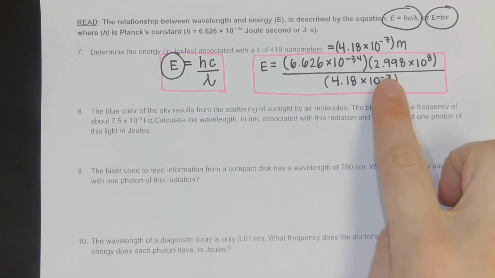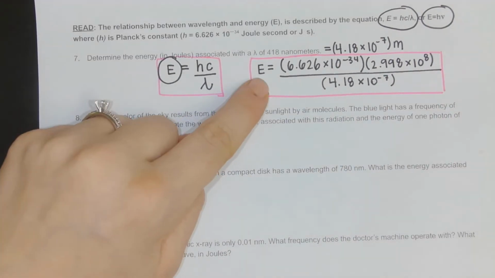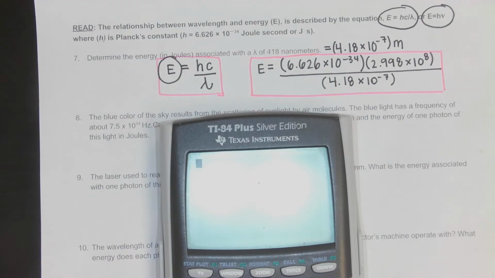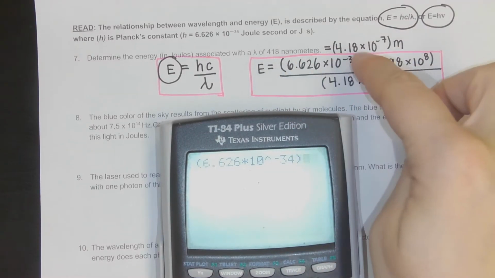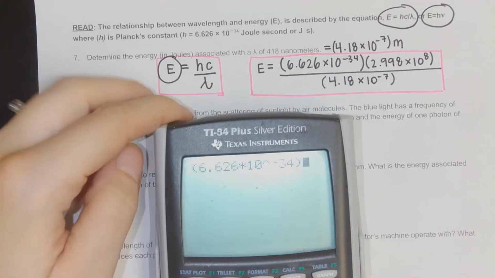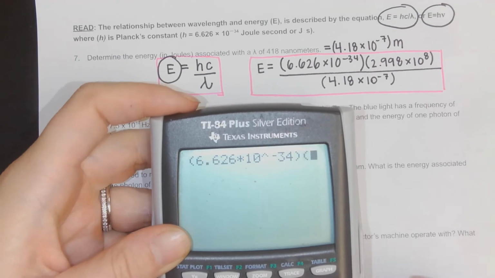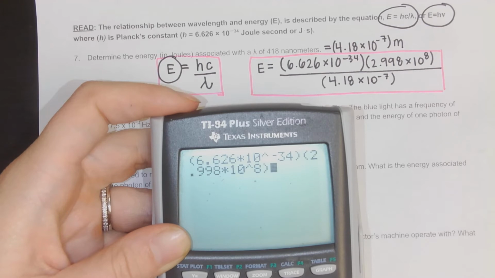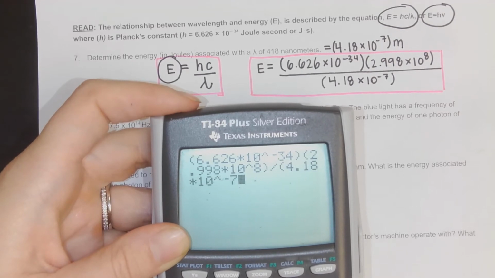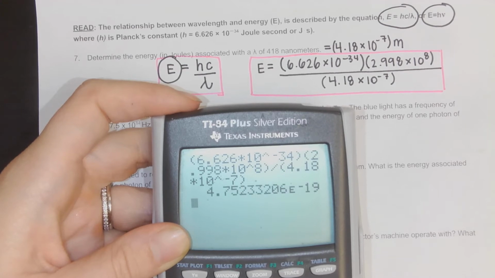To get my final answer, I just have to put this in the calculator and see what it equals. 6.626 times 10 to the negative 34. I put everything in parentheses to make it work better. Times 2.998 times 10 to the 8, divided by 4.18 times 10 to the negative 7. Enter.